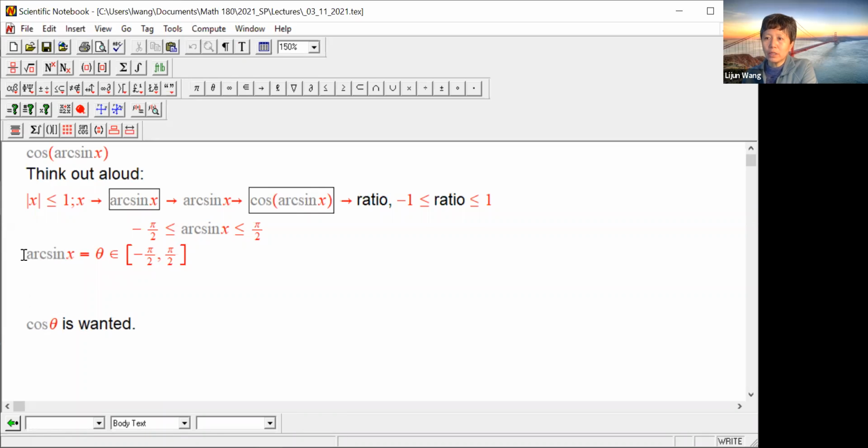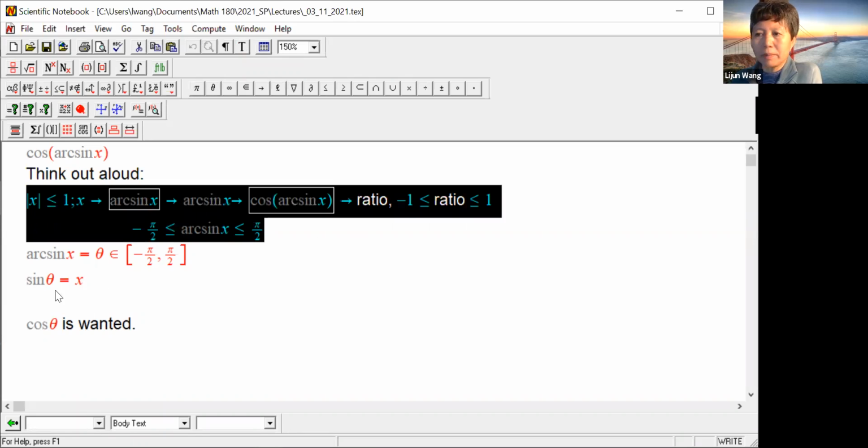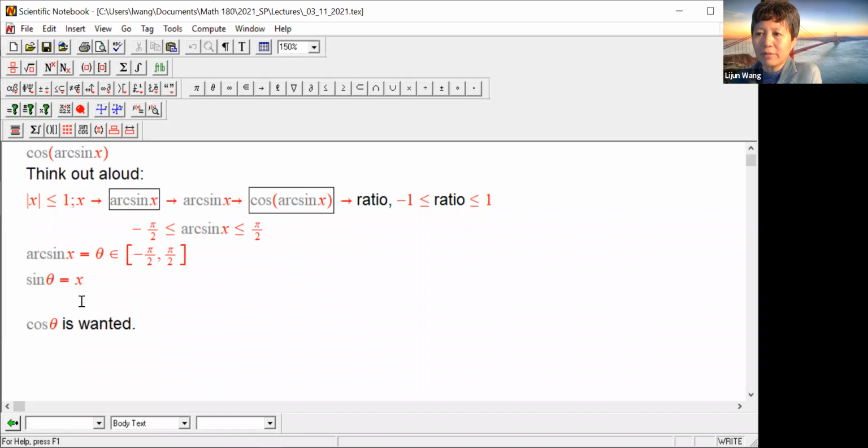Okay, but anyway, from here we can also figure out that there's this relationship. It tells us sine theta equals x. That's the definition. So from sine theta equals x, what do you do? You first understand the input-output relationship, which is dictated by definition.